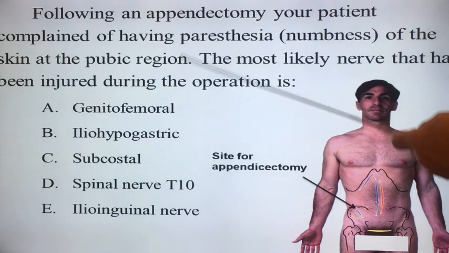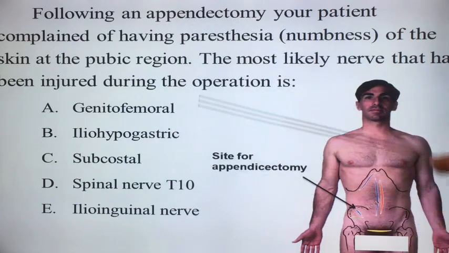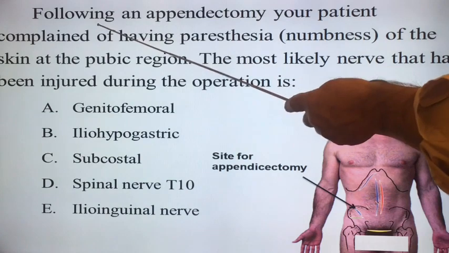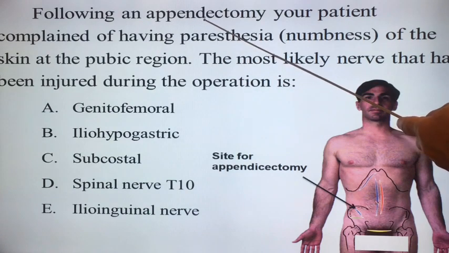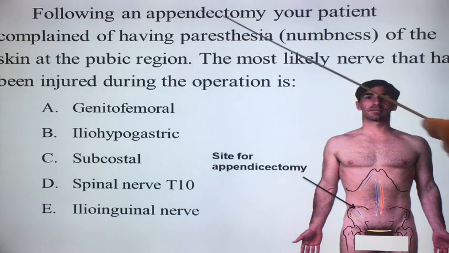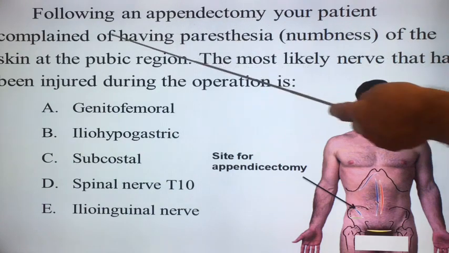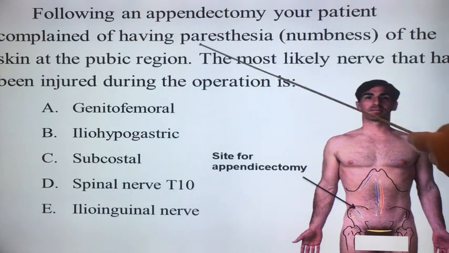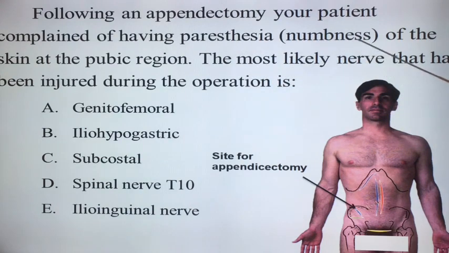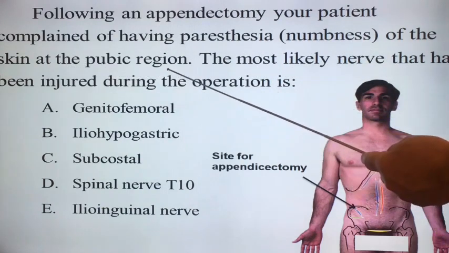Now, this type of question I'm going to ask you in the final year examination. Following an appendicectomy, what do I mean? Removal of the appendix by surgery. Your patient complained of having paresthesia or numbness of the skin in the pubic region.